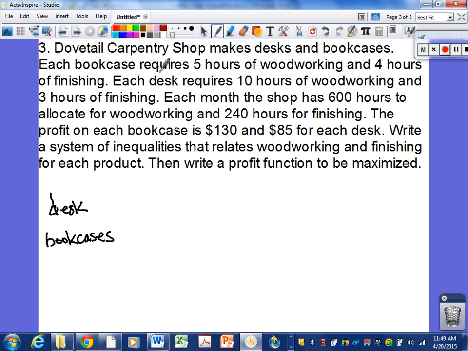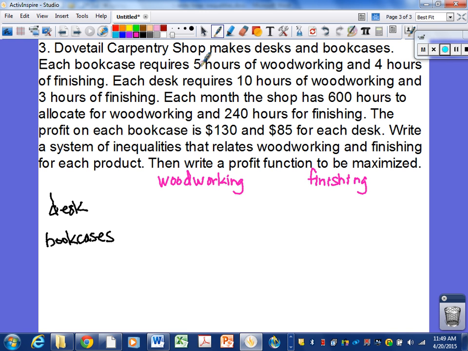Okay, each bookcase requires 5 hours of woodworking and 4 hours of finishing. Okay, so we have two constraints on our bookcases. We have woodworking, that's like actually cutting out everything and putting it together, I'm assuming. Maybe just cutting out everything. And finishing, which might be gluing it together and staining it and sanding it and making it all beautiful or whatever they happen to do.